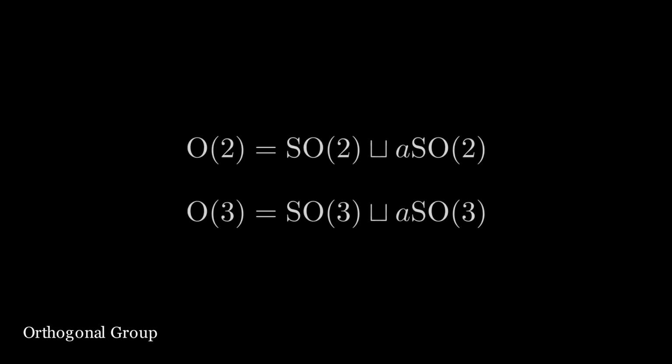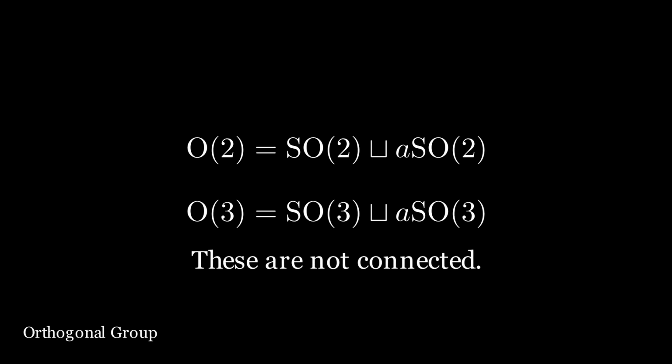A Lie group is said to be connected if it cannot be divided into two or more non-empty open sets. As we saw in the case of O(n), it can be divided into the open sets G and A(G). So it is said to be not connected.